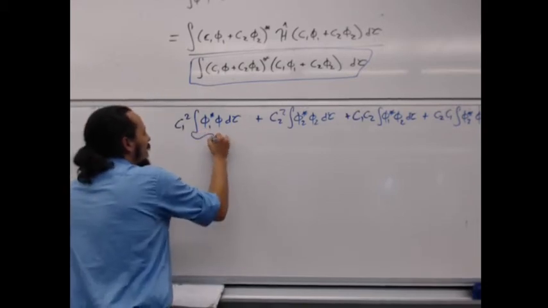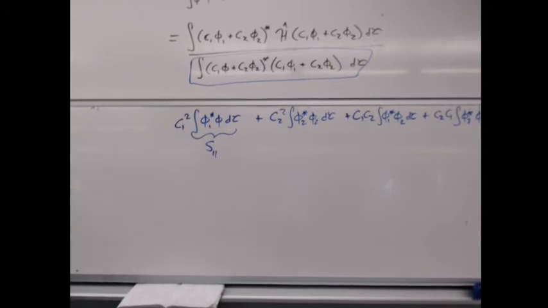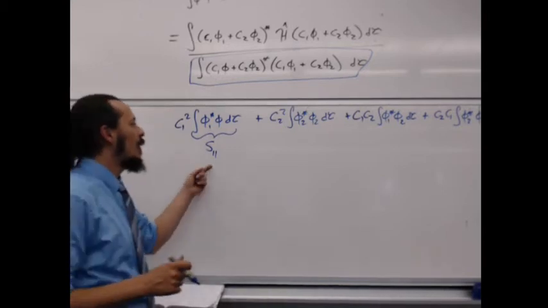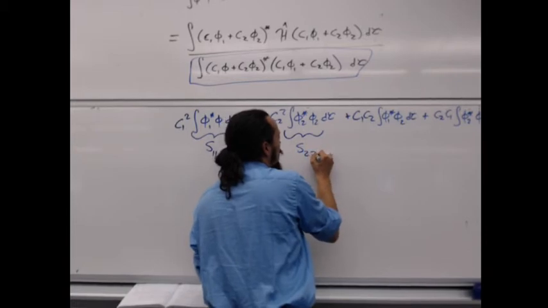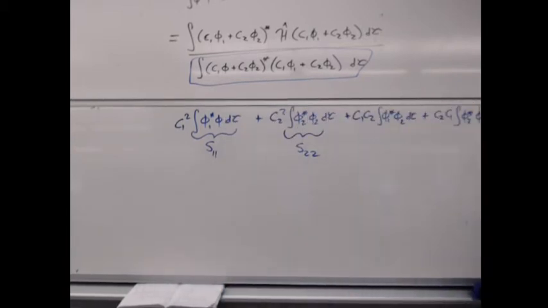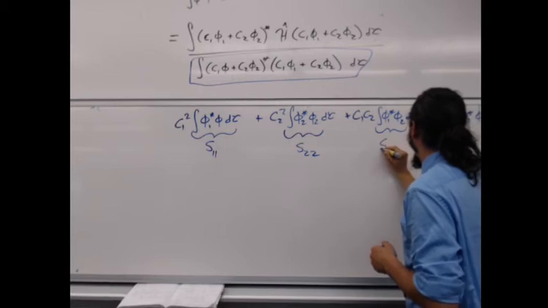We're going to define this integral. We're just going to call it something. Can we solve that integral? If it's a bunch of Gaussian functions, of course we can. So I'm going to define that integral as S11. This is going to be S22. Can we solve that integral? Of course. If I told you what phi's we were guessing, we could use our integral tables and go through that.